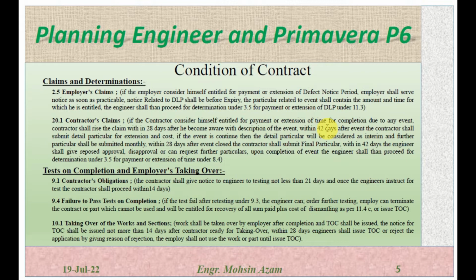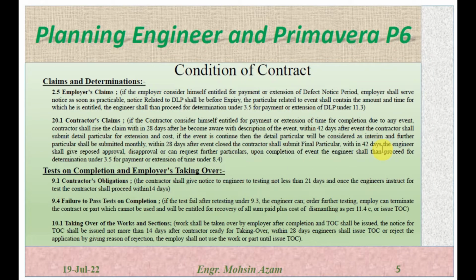So once the contractor becomes aware of any event, if it is causing delay, or if he considers himself to be entitled for payment for this delay, within 28 days he has to serve the notice, and within 42 days after the event the contractor has to submit the particulars for the extension and cost. If the event is continuing, the detailed particulars will be considered as interim, and further particulars shall be submitted monthly. Within 28 days after the event closes, the contractor shall submit final particulars.